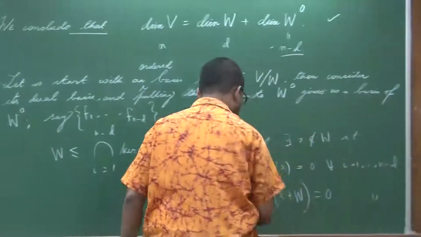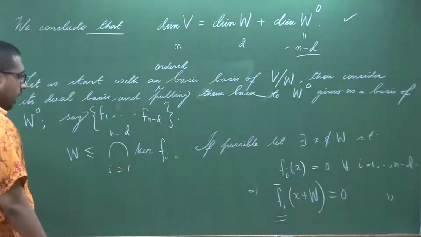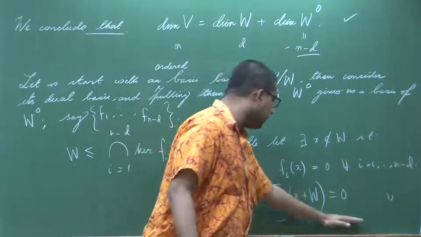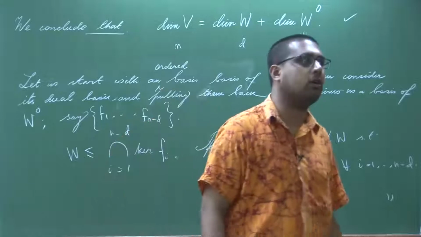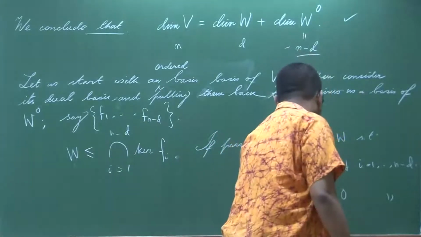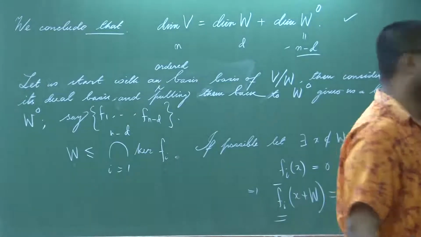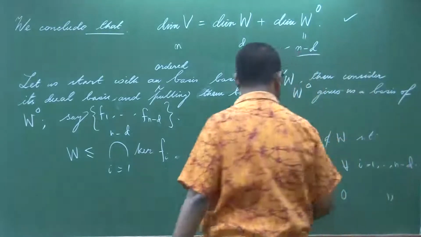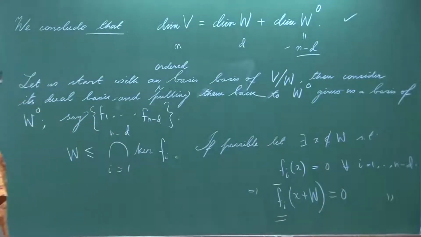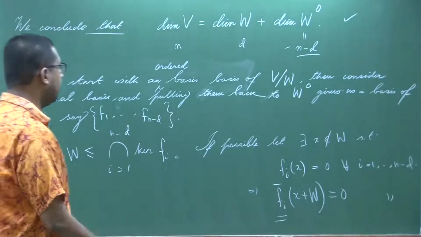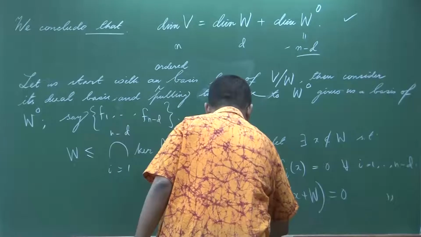What this shows is that with respect to that ordered basis, for this vector in V mod W all coordinates are 0. So that forces x plus W to be 0, and hence x lies in W. So that is a contradiction.